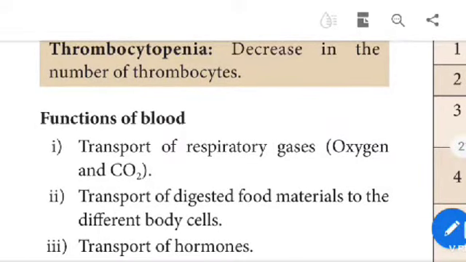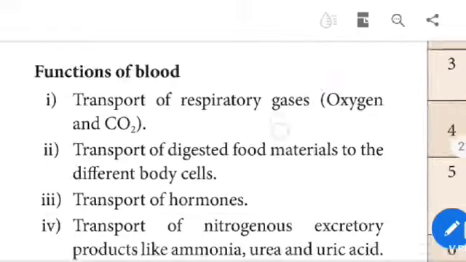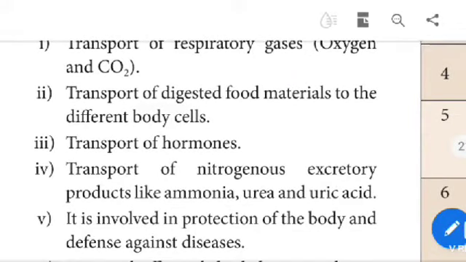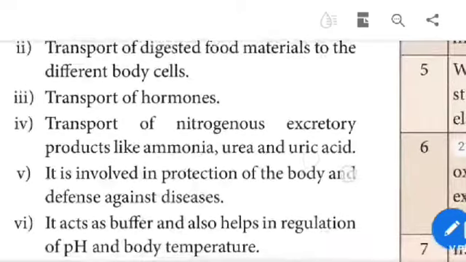Functions of blood: transport of respiratory gases, oxygen and carbon dioxide; transport of digested food materials to the different body cells; transport of hormones; transport of nitrogenous excretory products like ammonia, urea and uric acid.